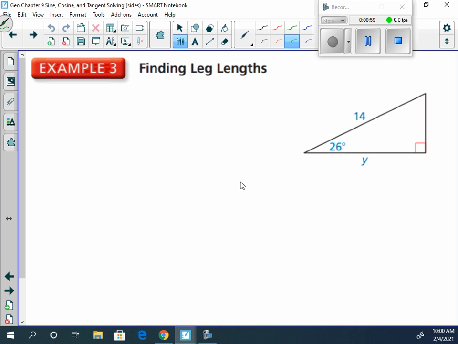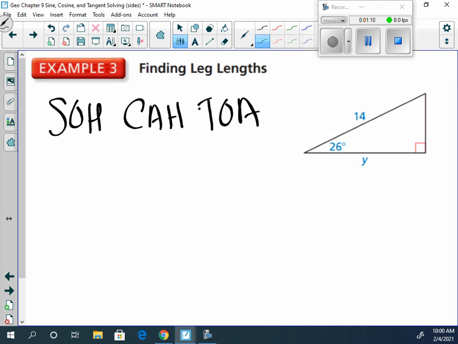Now, one of the ways that you can learn or memorize these is SOH-CAH-TOA. What do y'all think that stands for? Sine is opposite over hypotenuse.